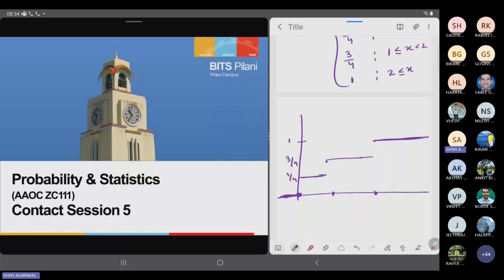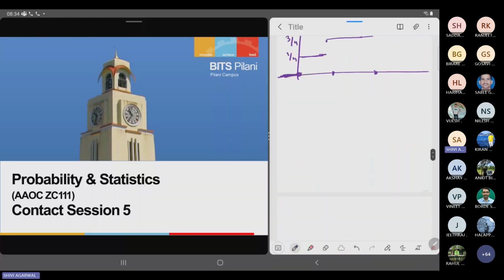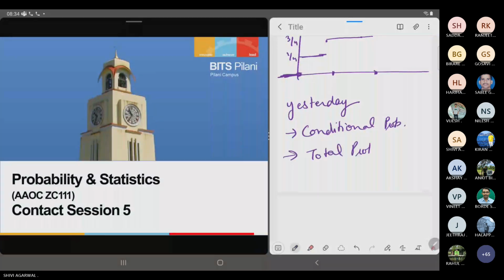Okay. So in the last class, yesterday's class, firstly we defined conditional probability, then the total probability law, and then the Bayes theorem, Bayes law.